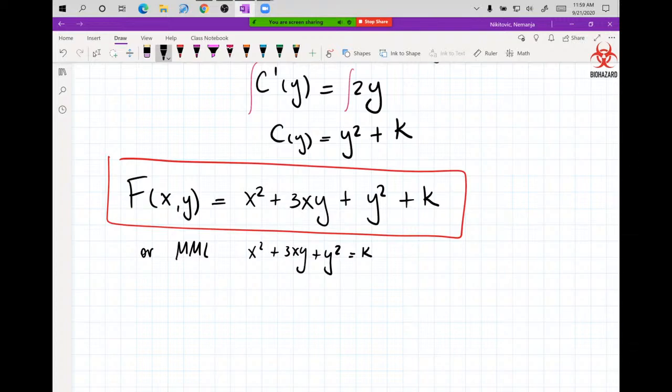Chapter 2 is actually very short because it's 6 sections. I combined the last 3 sections in one lecture because it's all numerical computation. So we'll see how that is done.